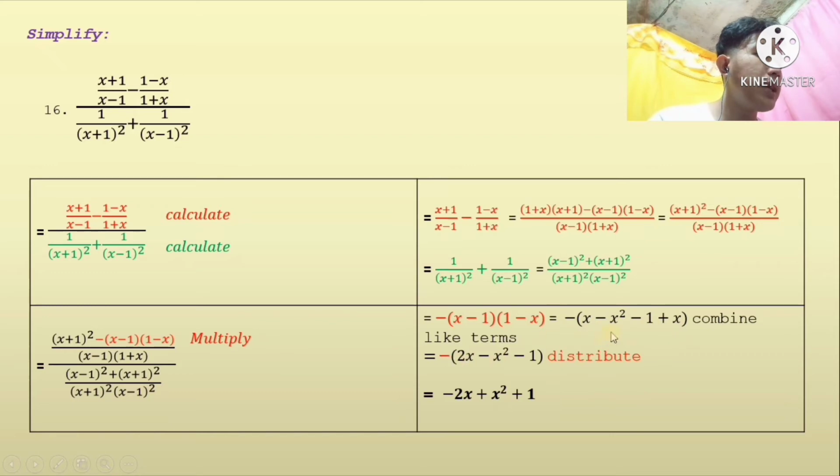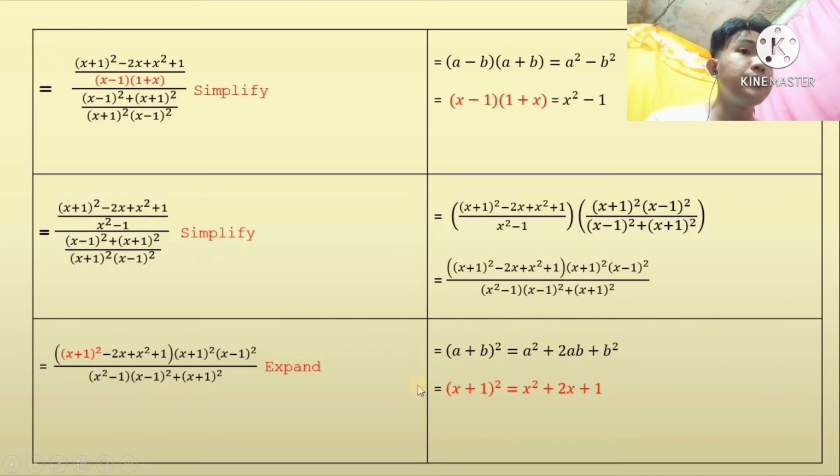Then combine like terms: x plus x will become 2x. Then copy the negative x squared minus 1, then distribute the negative sign, so it will become negative 2x plus x squared plus 1. So then our equation will be this.